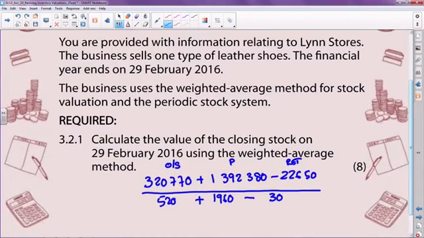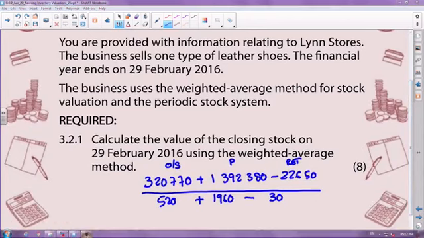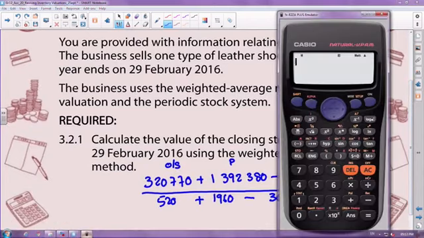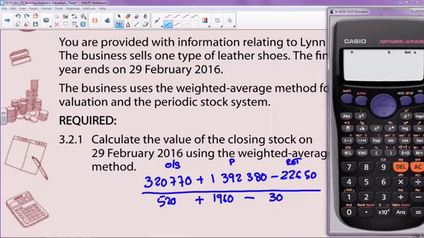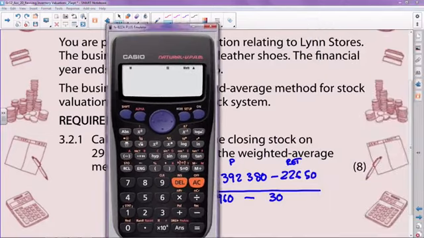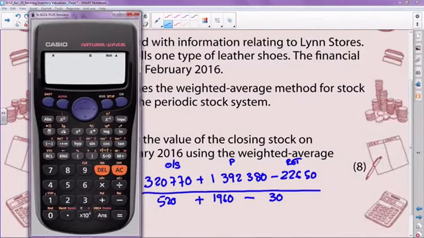Right, let's get our calculators. And let's take our calculator and calculate what we're working with here. So we've got our figures here.